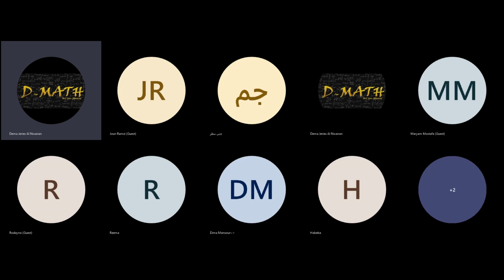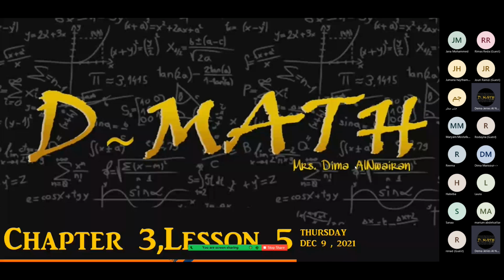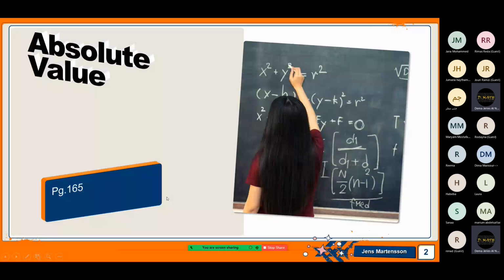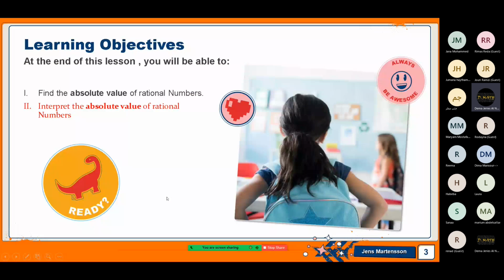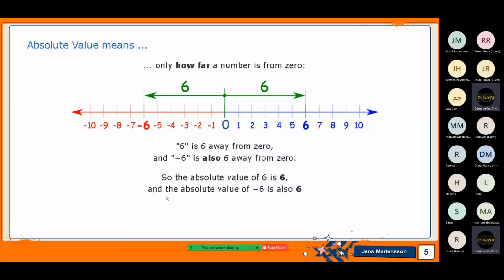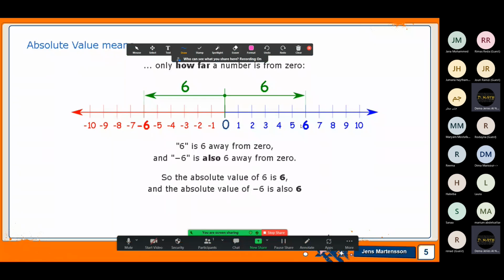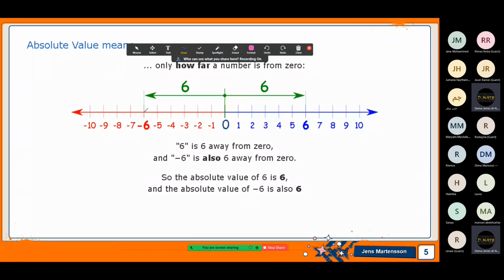Okay, let's continue now our lesson, which is the absolute value. We talked before that the absolute value is how far a number is from 0. Like if we say -6, I have to count how many steps I'm from 0. I will count them as 1, 2, 3, 4, 5, and 6.